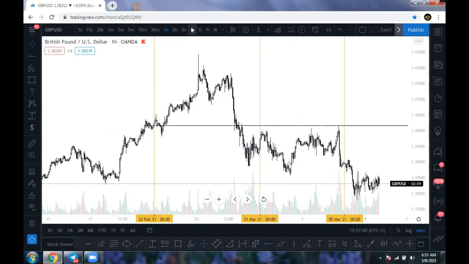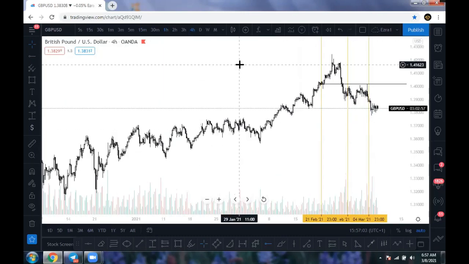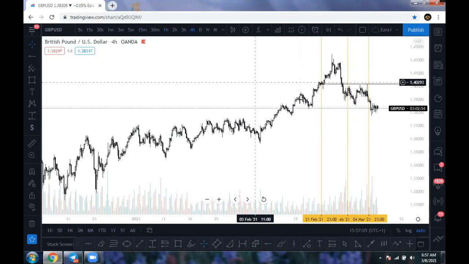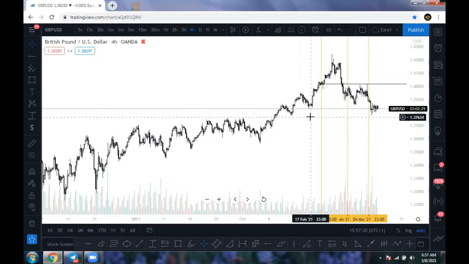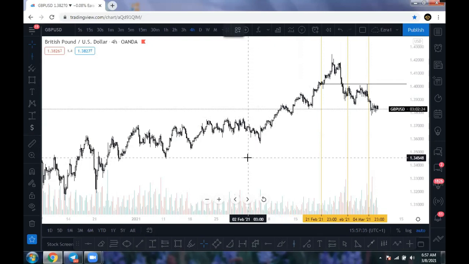So we also have what we call monthly opening. For this month it is the same, on the first. For the previous month, which is February, it is still on the first of February, which is this area.